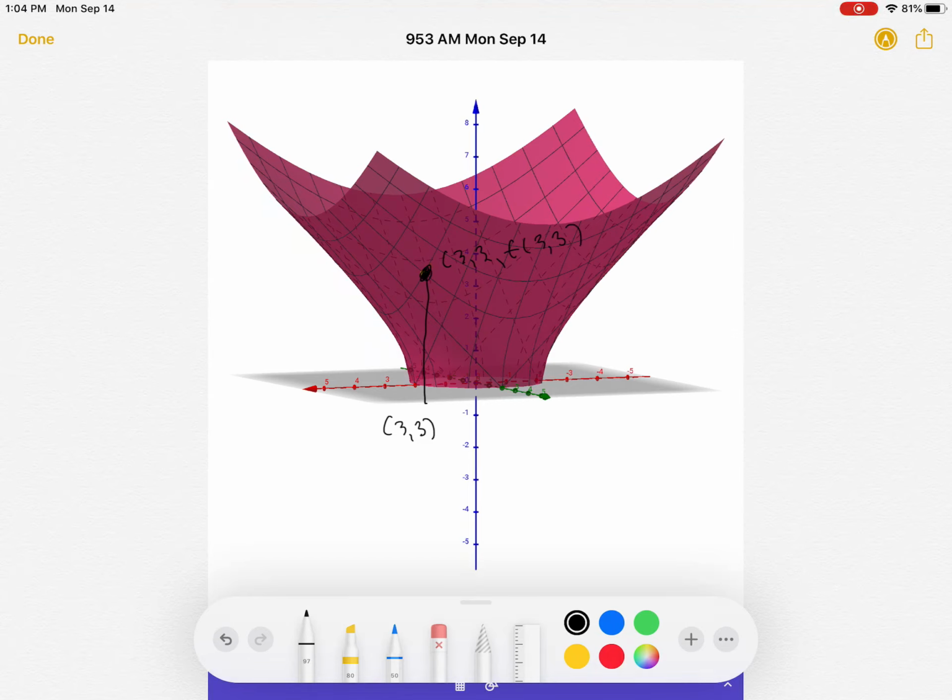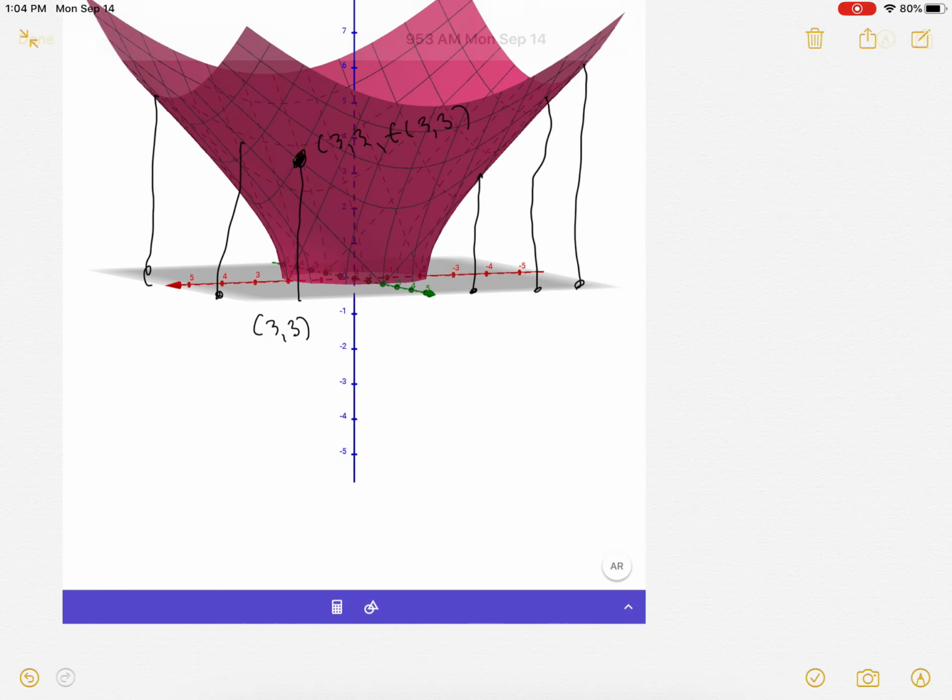And sure enough, if you take any of these other domain points here, they're going to map to some point on the curve, like this, right? Anywhere, as long as I'm outside of the circle of radius 2, I'll be inside the domain and I'll get outputs. And that's pretty cool.